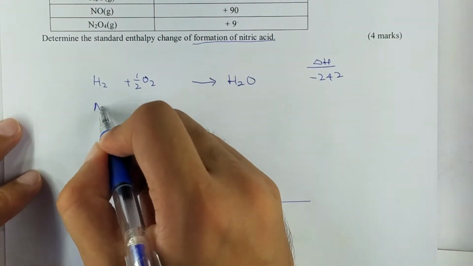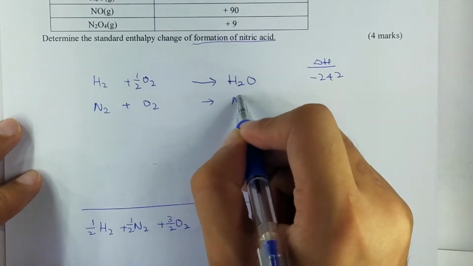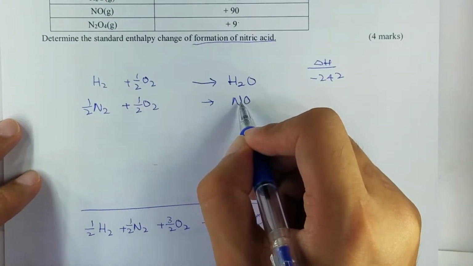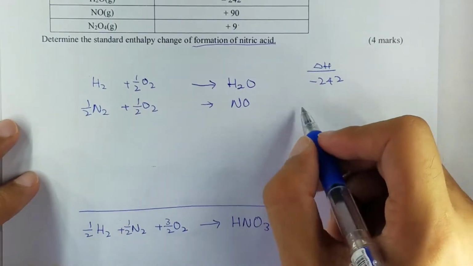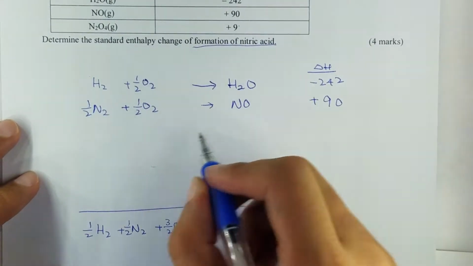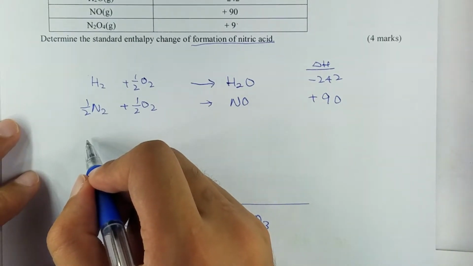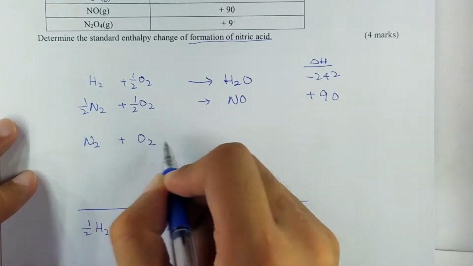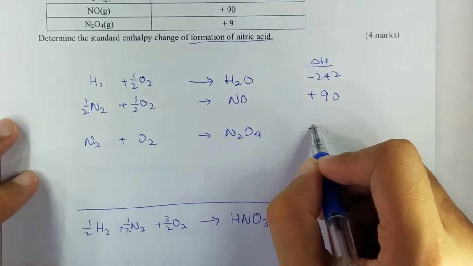Next is nitrogen monoxide. So nitrogen plus oxygen equals nitrogen monoxide. Balance the equation. Again, we need 1 mole of substance formed, so I cannot put 2 here. I have to halve it here. So positive 90. Next, I have N2 plus O2 again, forming N2O4, and positive 9.